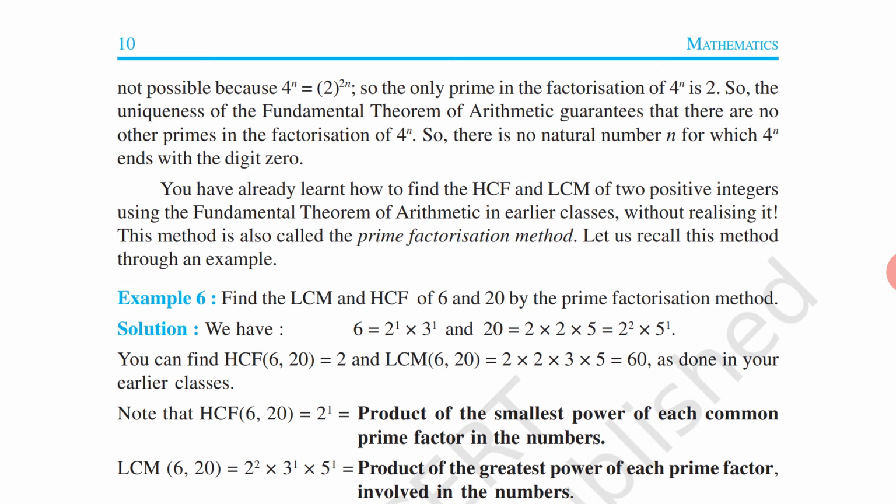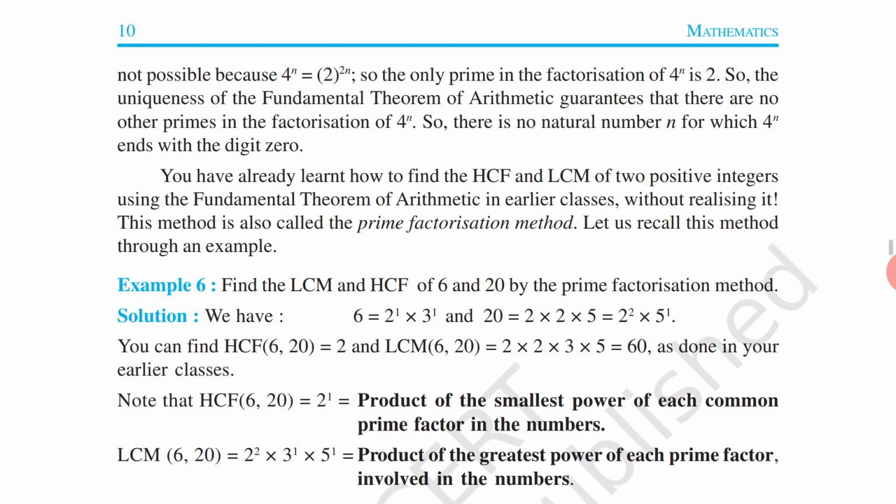The multiplication of common and non-common factors gives the LCM, which is 60. So the HCF of 6 and 20 is 2, and the LCM of 6 and 20 is 60.